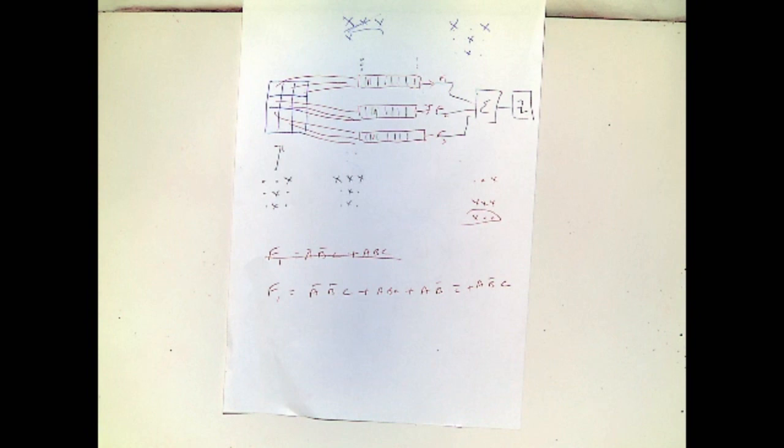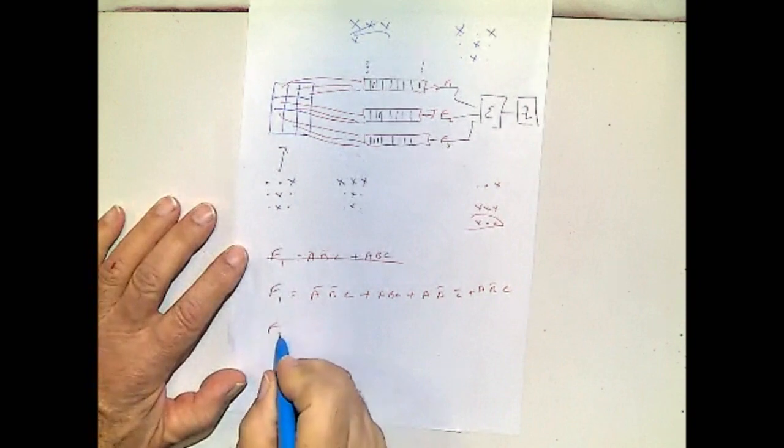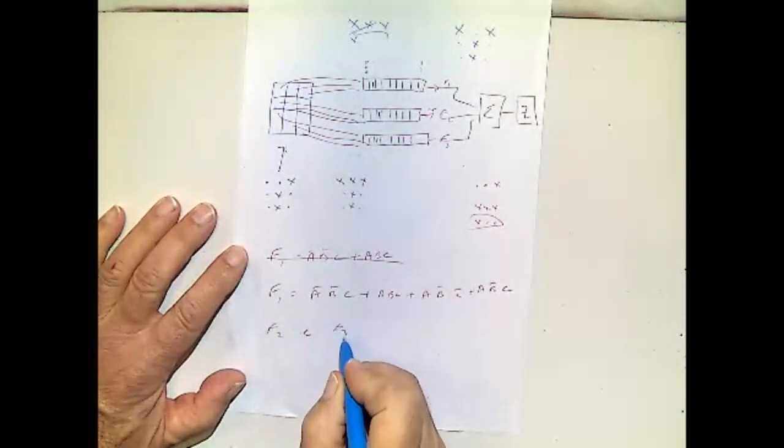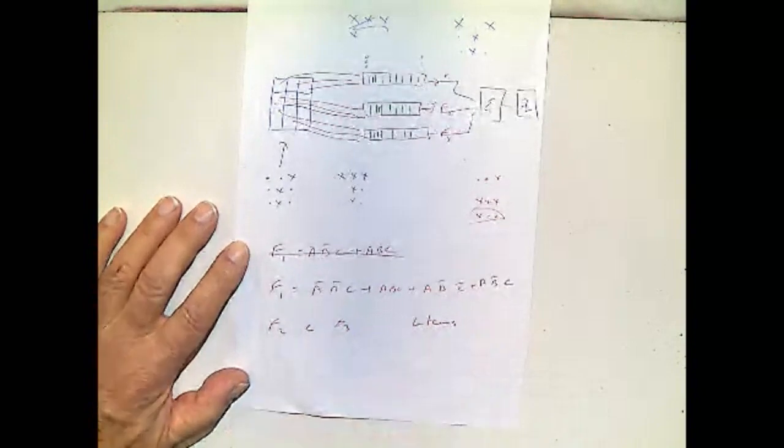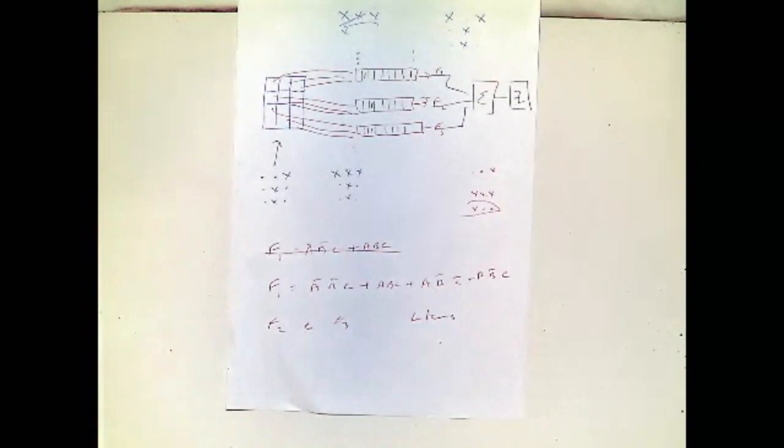So F2 and F3 will have four terms. And we can make another ingenious assumption if this were an exam question, can't we? What can we say about F2 and F3? They're the same.